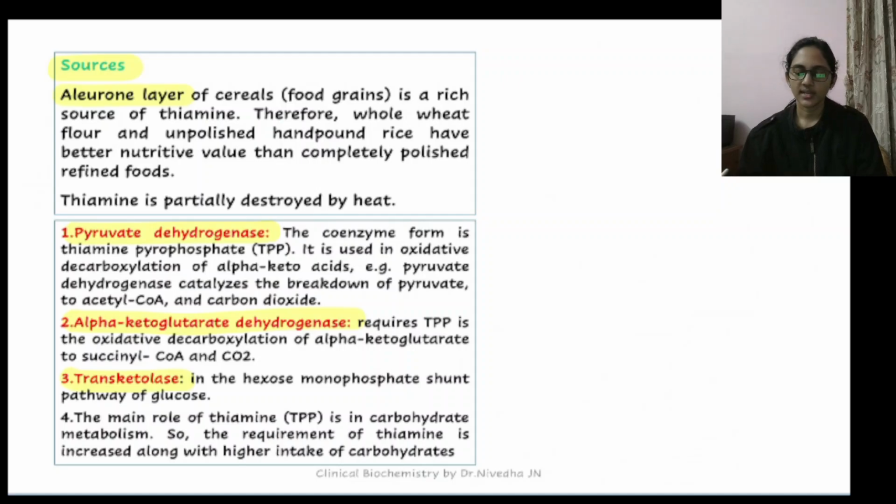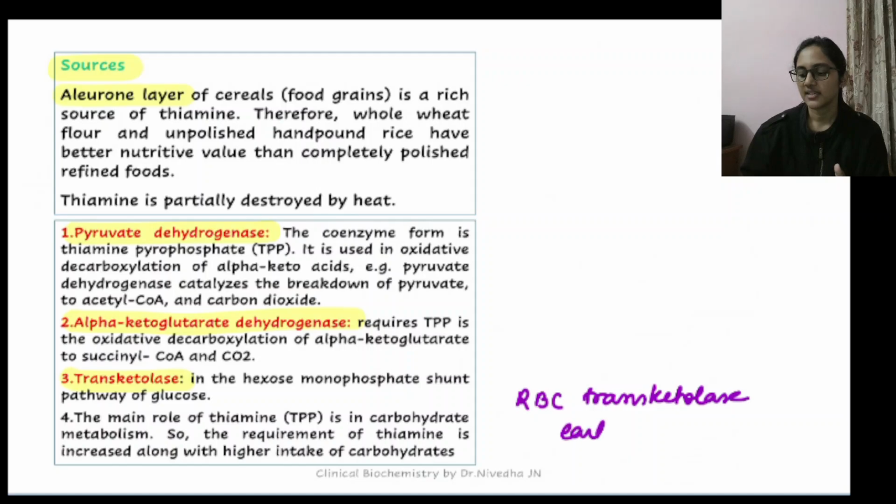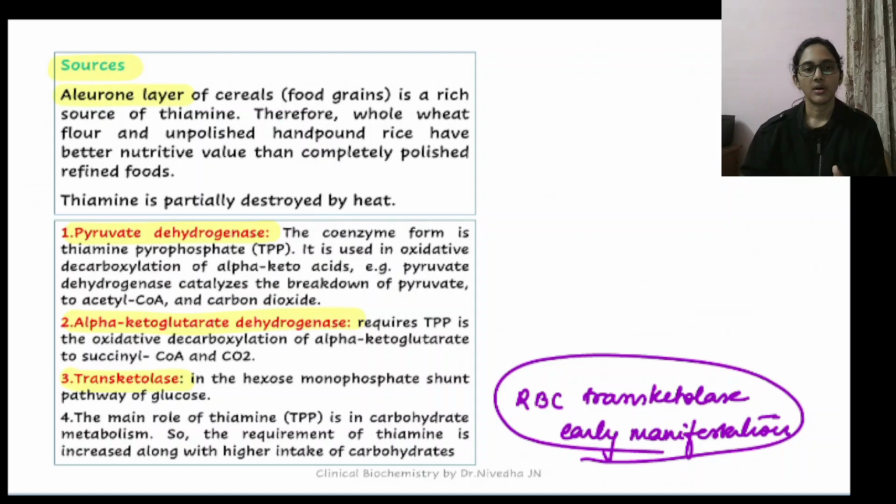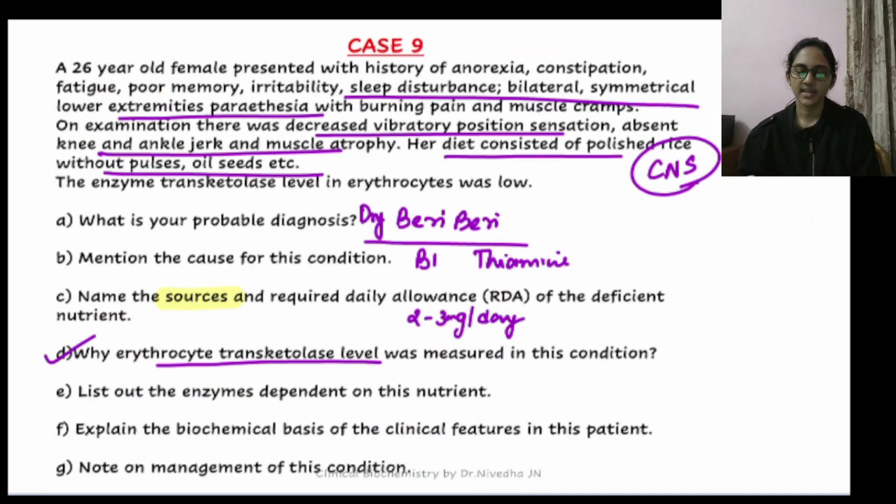Transketolase is an enzyme of the HMP shunt pathway that needs thiamine. This is an early manifestation. In thiamine deficiency, you can estimate the thiamine activity with the help of RBC transketolase because this is considered an early manifestation of thiamine deficiency. So this tells us why RBC transketolase was measured.